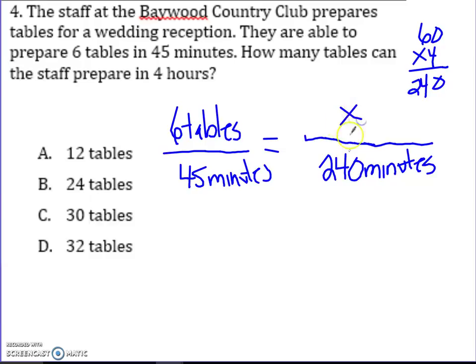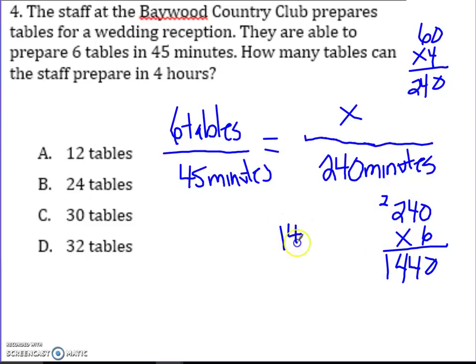Okay, we do the cross product rule. So we're going to do 240 times 6. So 6 times 0 is 0. 6 times 4 is 24. 6 times 2 is 12, plus 2 is 14. So we have 1440 divided by 45.